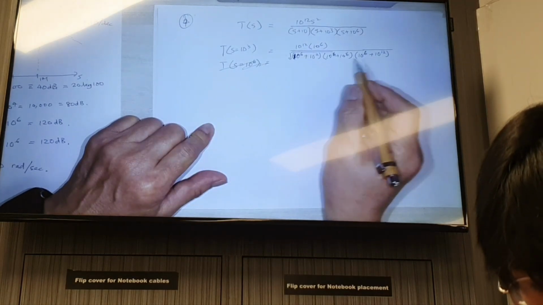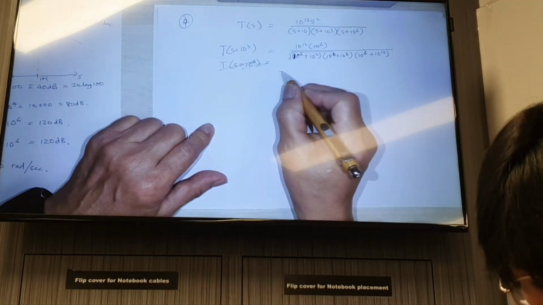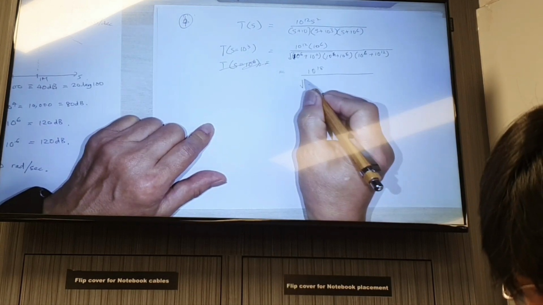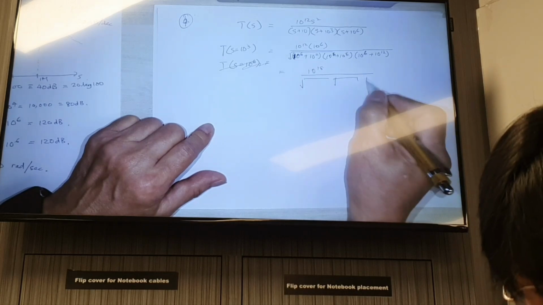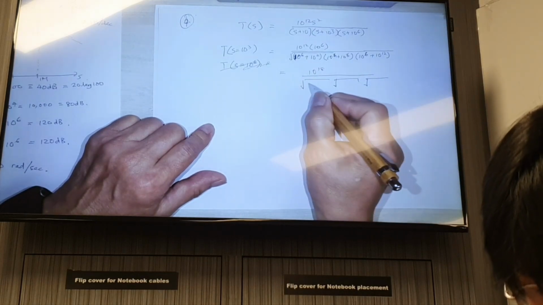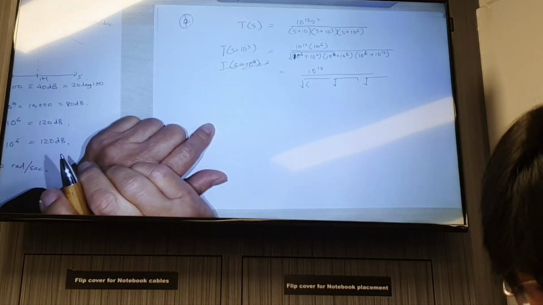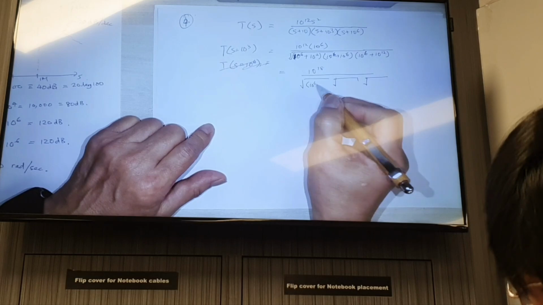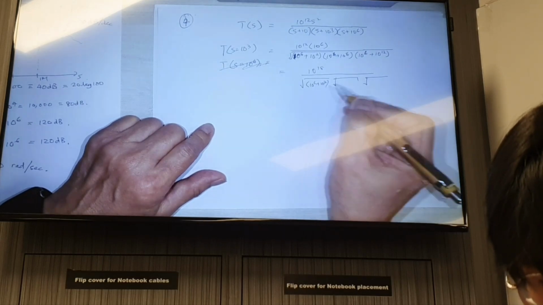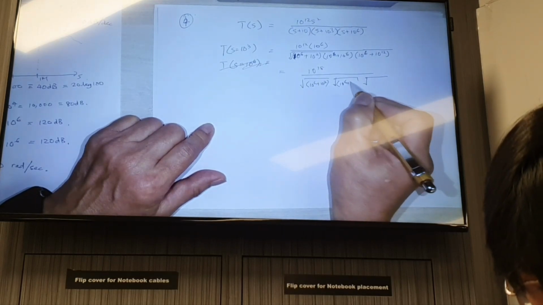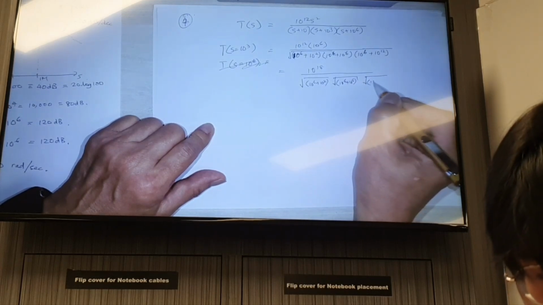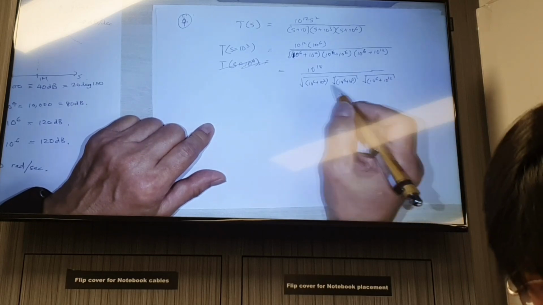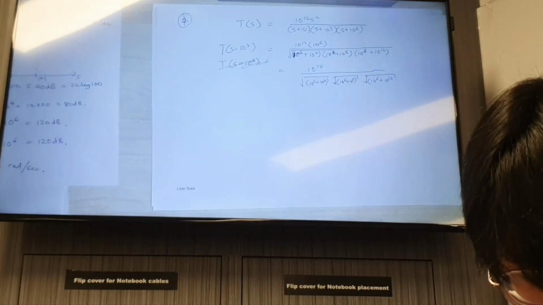Okay. So if you do all this calculation, this will be 10 to the 18 divided by the square root of all this term. Sorry, I don't have a calculator.